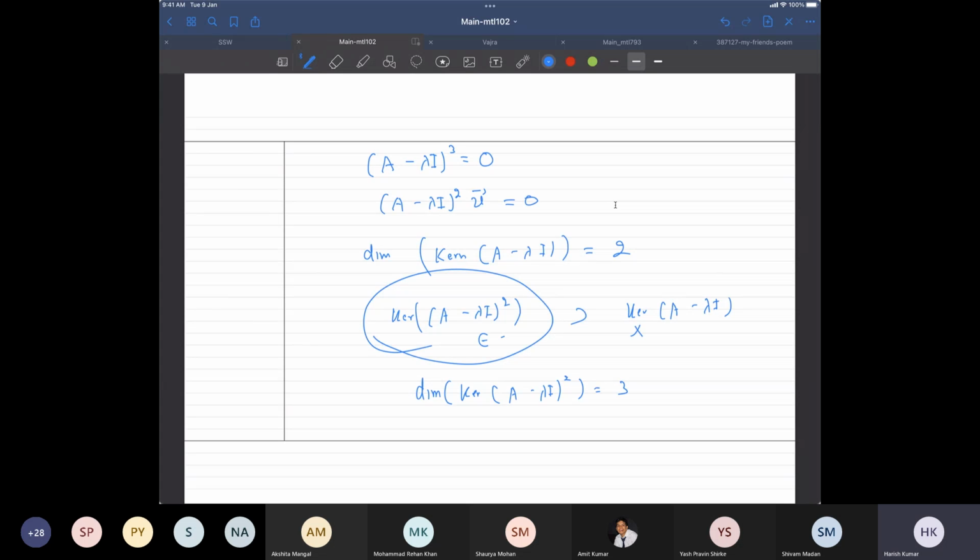So ideally I need to prove that not only this is 0, I need to prove that A minus lambda I square is equal to 0. Okay.